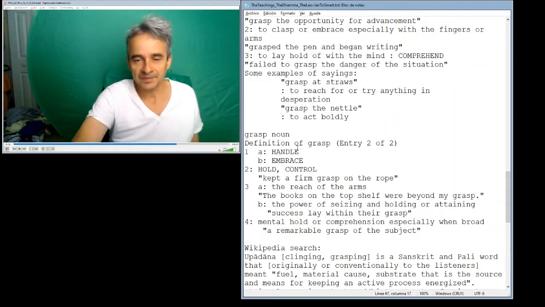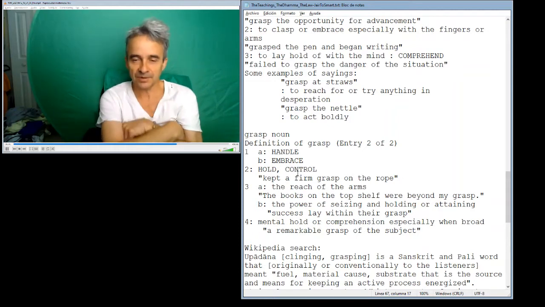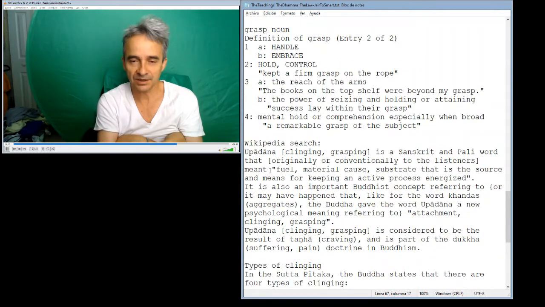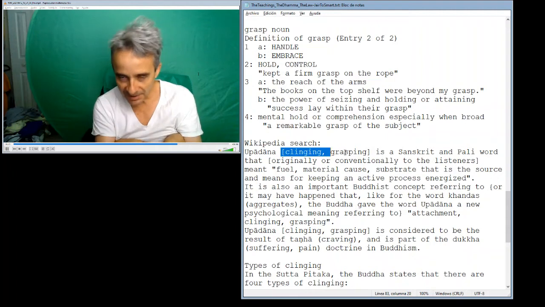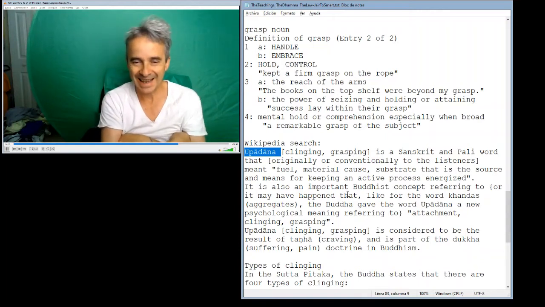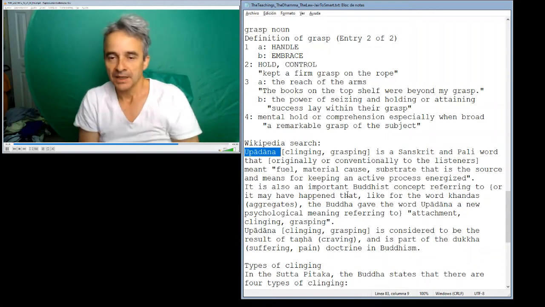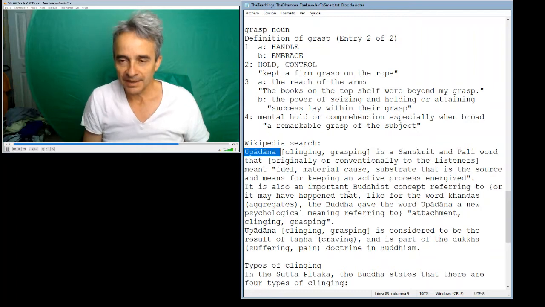But anyway, the word that they're trying to translate into English is the word upadana. I'm not sure if I'm pronouncing it correctly. It might be upadana. That's the Sanskrit and Pali word.